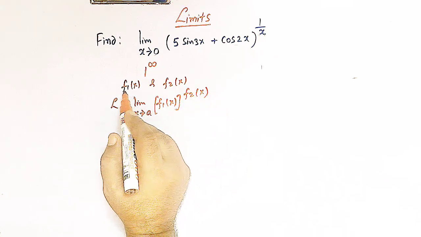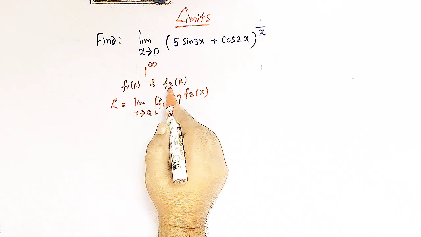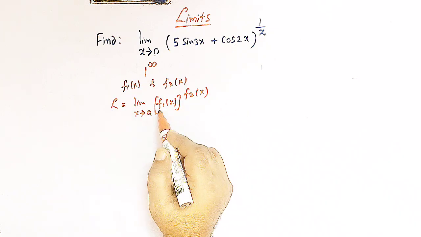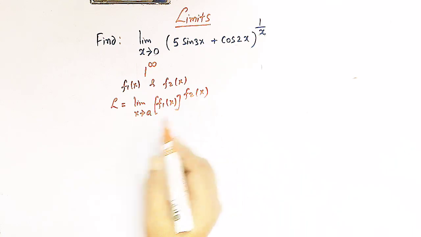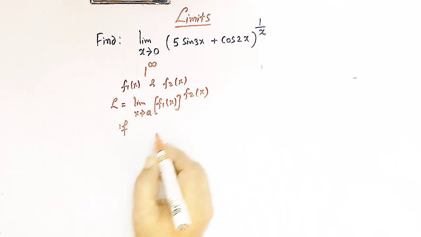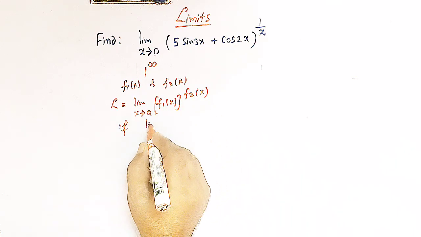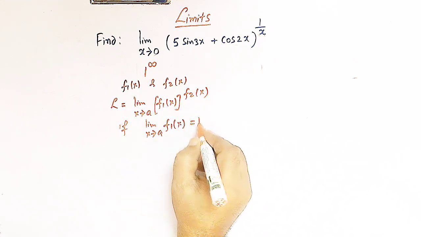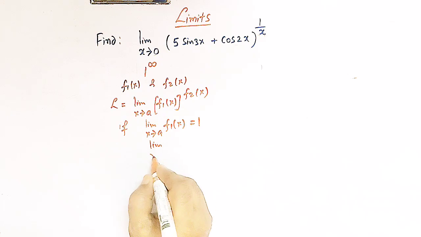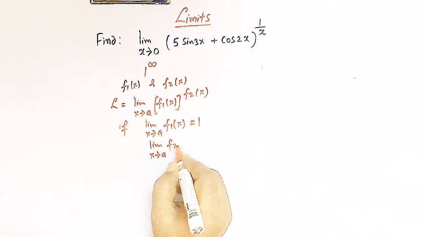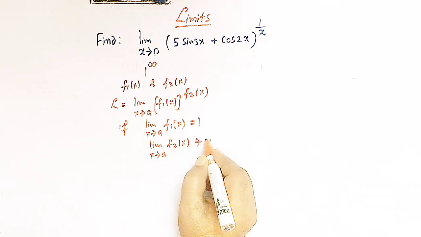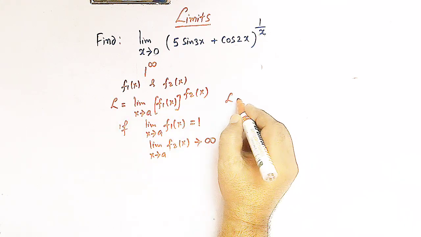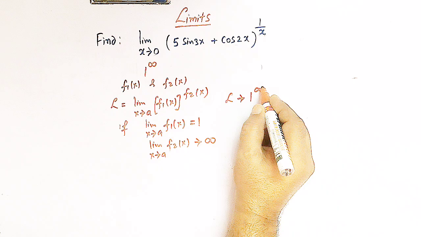If the limit as x tends to a of f1(x) is equal to 1, and the limit as x tends to a of f2(x) tends to infinity, then this limit L is of the form 1 raised to infinity.